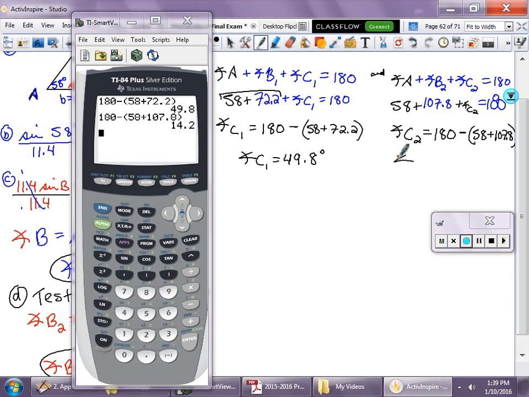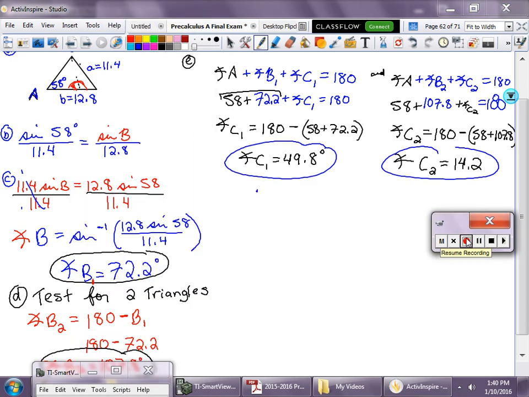Ooh, we got two measures for angle C, which means two triangles do exist. We have to go find the other measures. Okay, so now we have to find, they only gave us A, we have to find A1, A2, and we're going to use law of sines to help us with that.